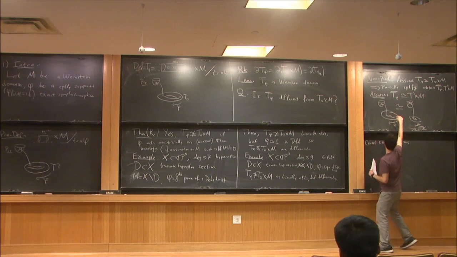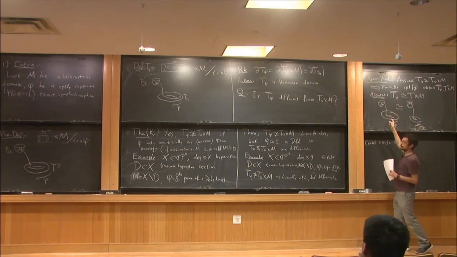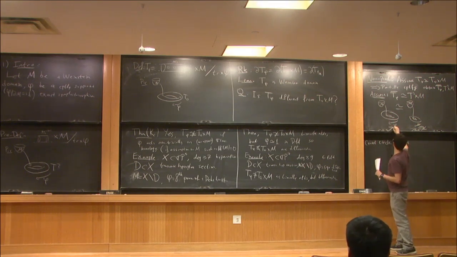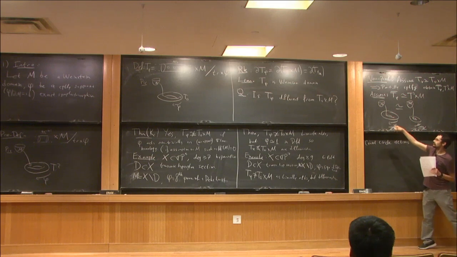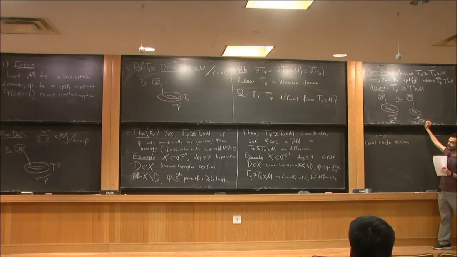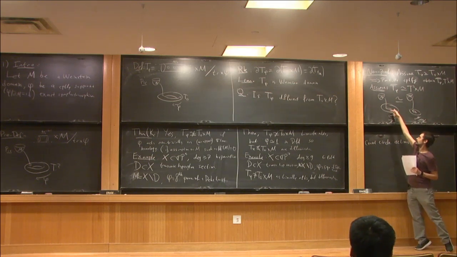But here the action in this direction is broken, right? So for generic phi, you have Z worth of circle actions, the ones that are only in this direction. The only ones that survive are the ones going in this direction.